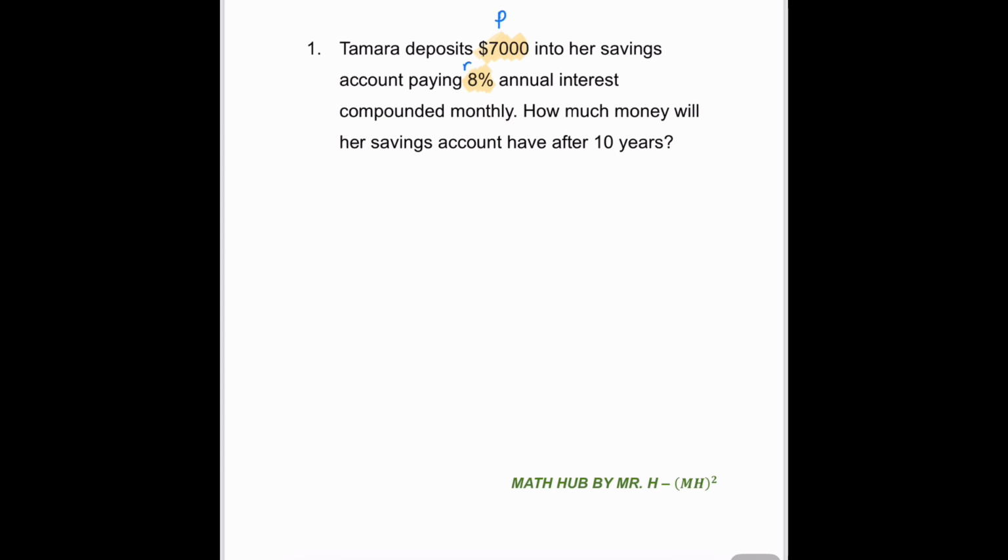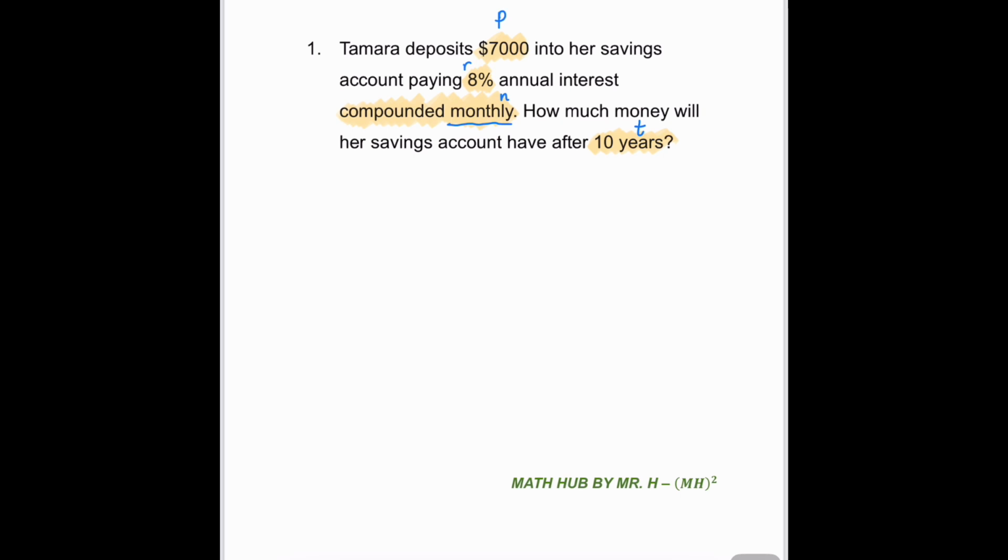And it's also stated here that the interest will be compounded monthly. So this is actually a clue. That's our n. And another thing is we have this time period, 10 years. So that's our t. And the question asks, how much money will her savings account have? So basically, we're asked for the future value.